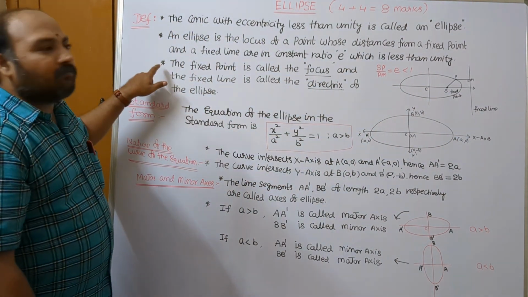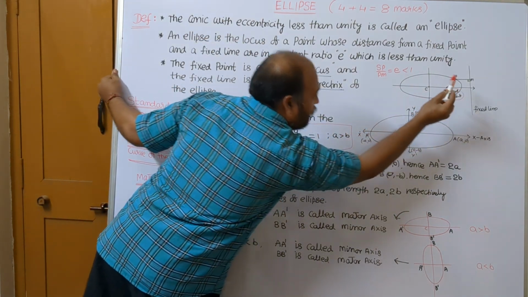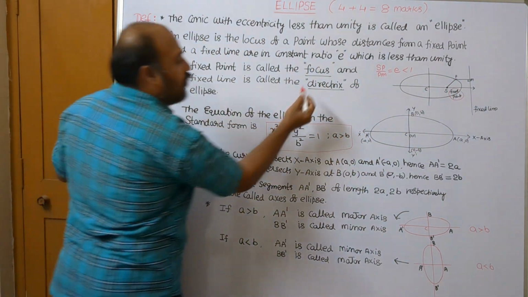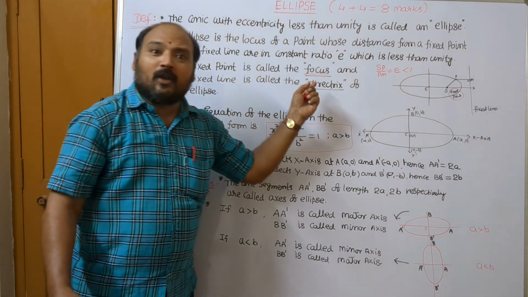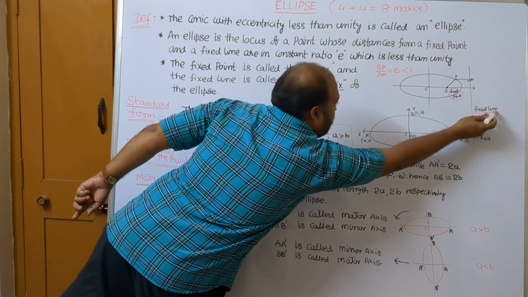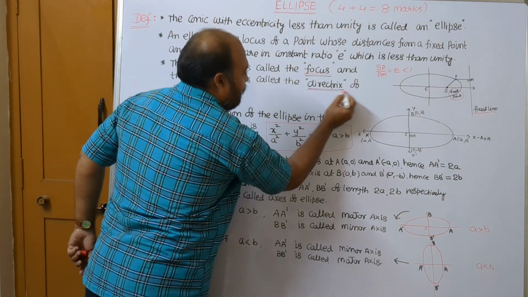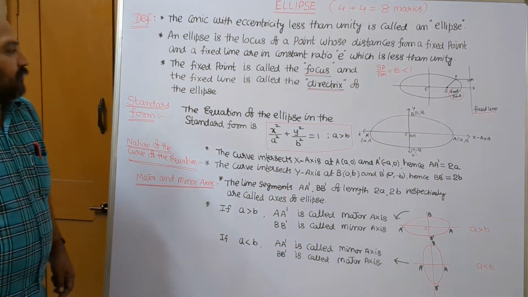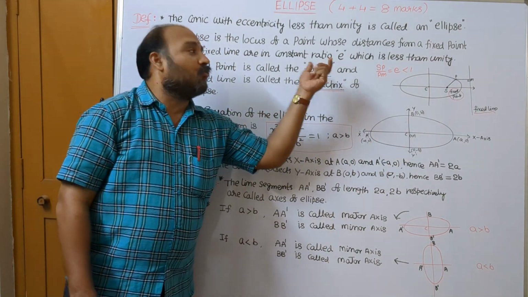The fixed point is called the focus, and the fixed line is called the directrix.